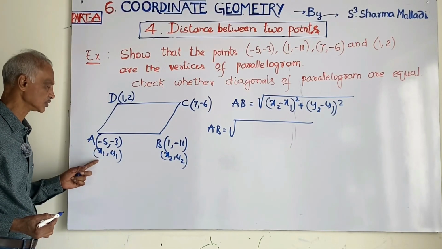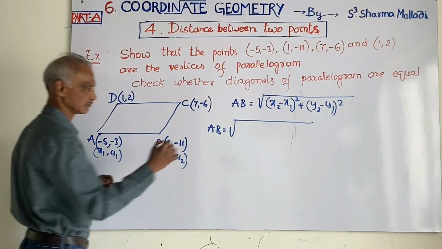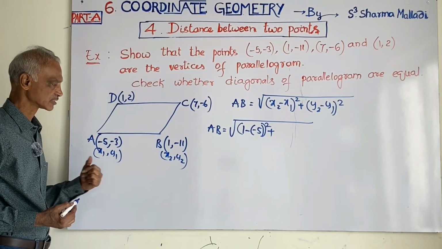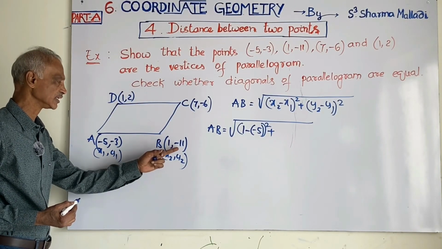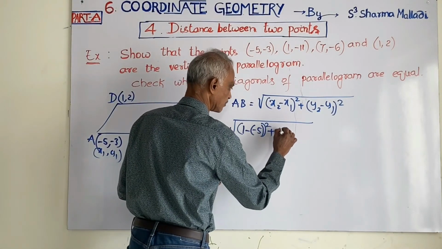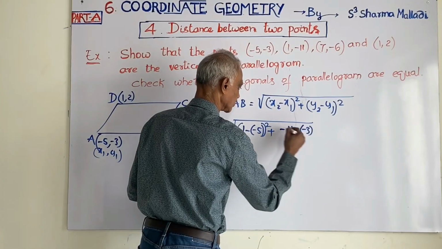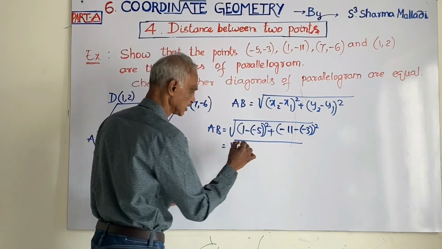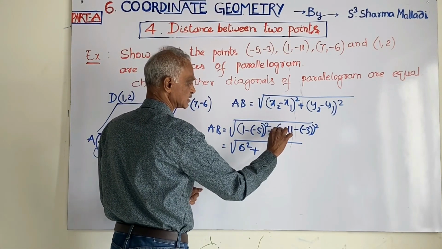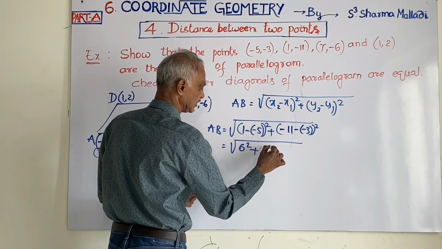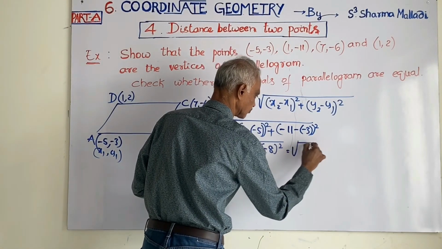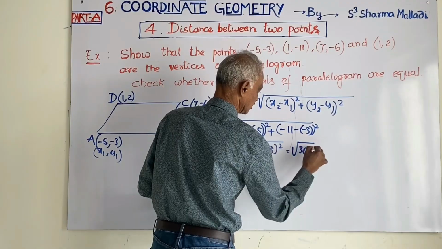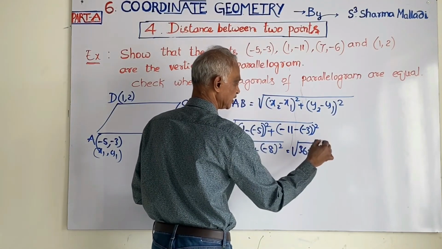x2 minus x1 whole square means 1 minus of minus 5, 1 minus of minus 5 whole square, plus y2 minus y1 whole square, minus 11 minus of minus 3 whole square. 1 plus 5 whole square means 6 square, plus minus 11 plus 3, minus 8 whole square, is equal to square root of 6 square means 36, 8 square means 64, and root 100 is equal to 10.